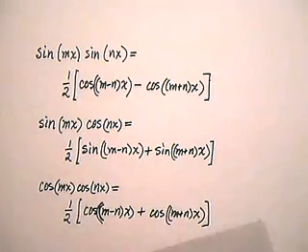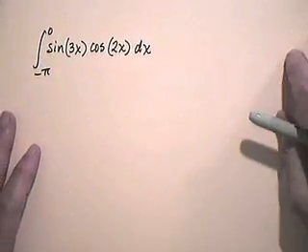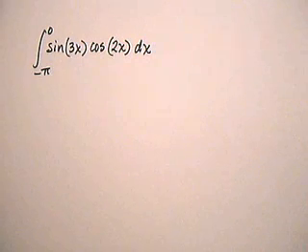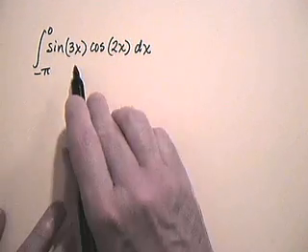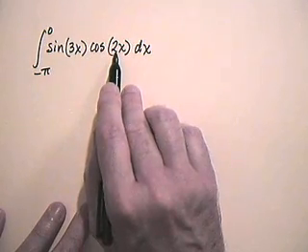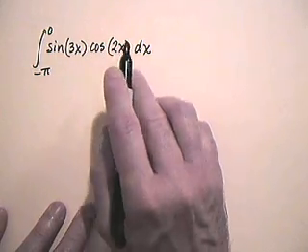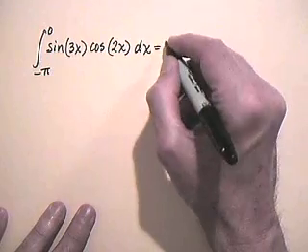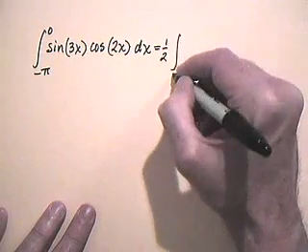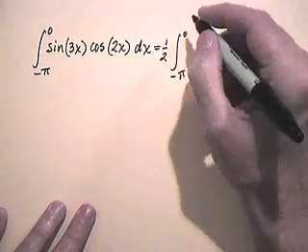So with that in mind, let's look at this example. Here I want to do the definite integral from negative pi to 0 of sine of 3x times cosine of 2x. And so consequently, that will equal 1/2 the definite integral from negative pi to 0.